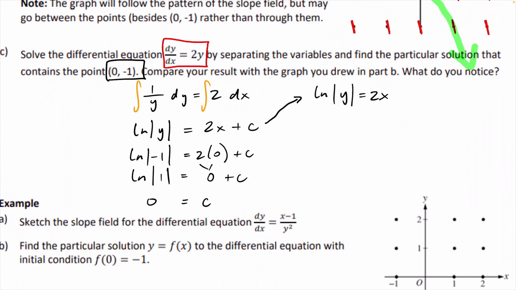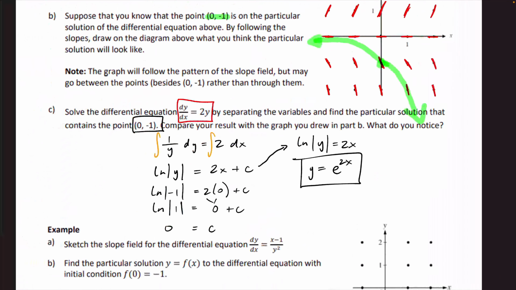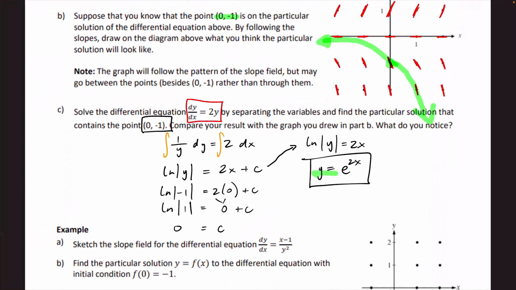So it really is going to be y equals e to the 2x. This guy and that guy are the same thing. These two are exactly the same thing. So you've been doing this process using separation of variables. Now we're just giving you another way of doing it.